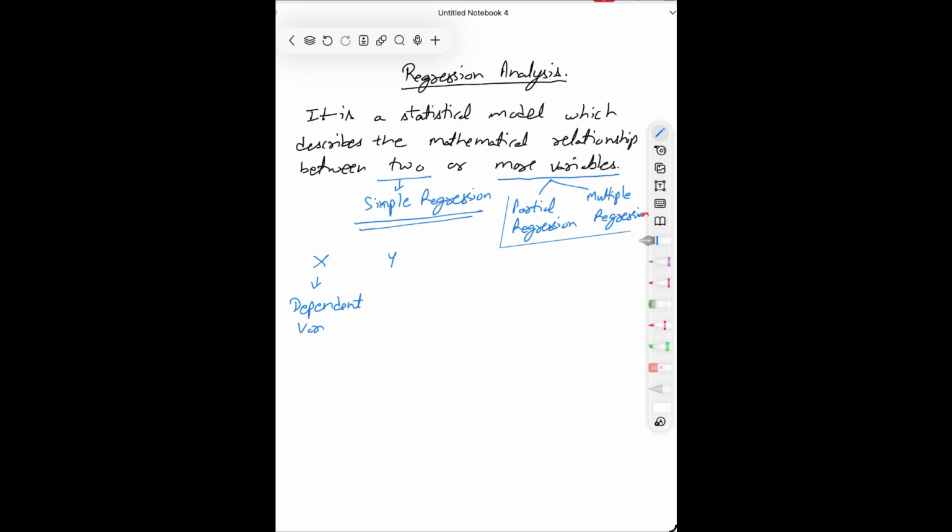So if x is a dependent variable and its value is being affected by the value of y, I am repeating, the value of x is dependent on the value of y, which is assumed to be an independent variable.